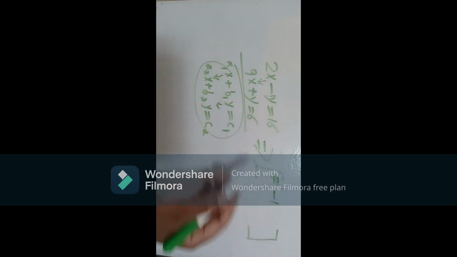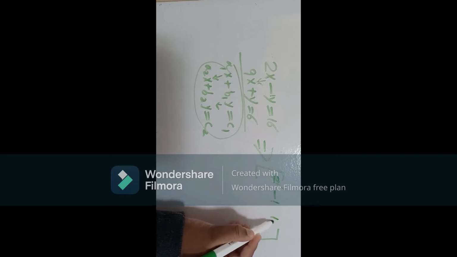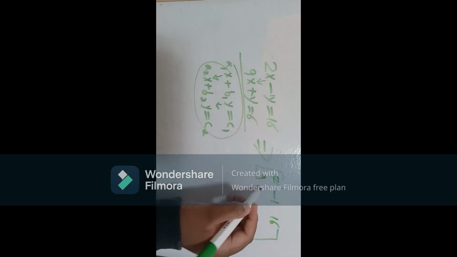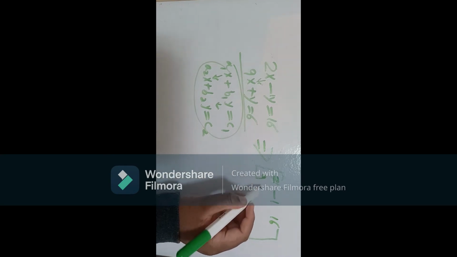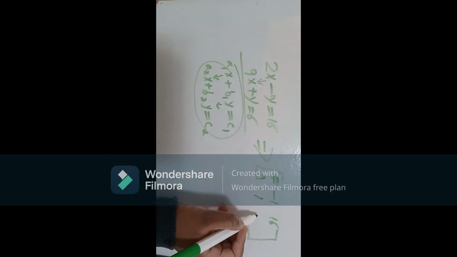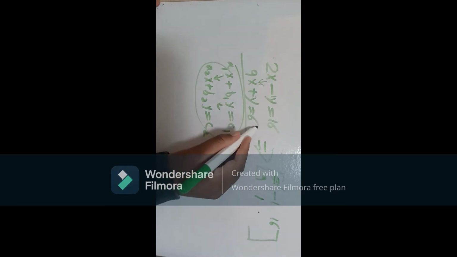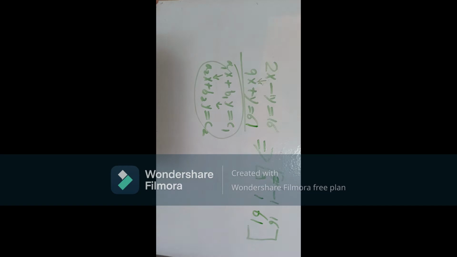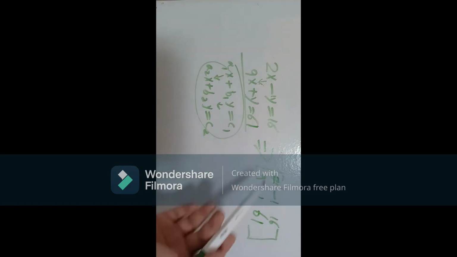Alright, and then we have 16. In the second row, we start with 9. And this is plus y, so it's a positive 1. And that's 61. And that's how we put an equation into a matrix.